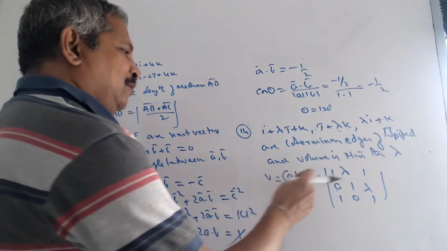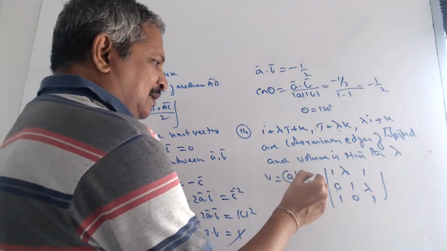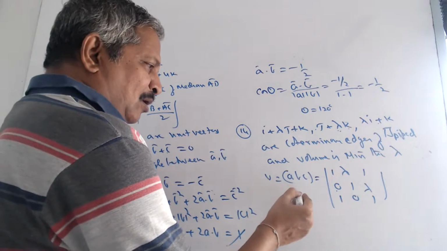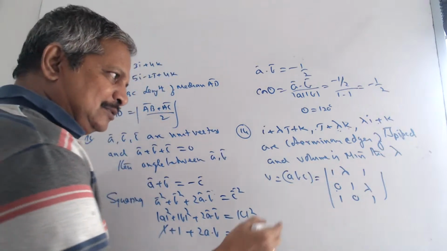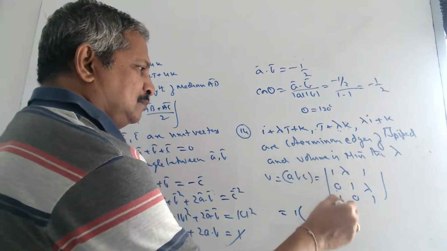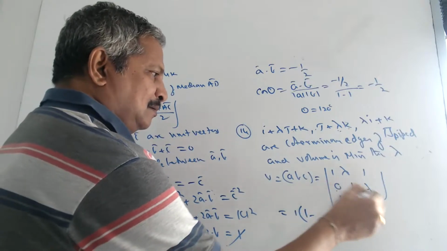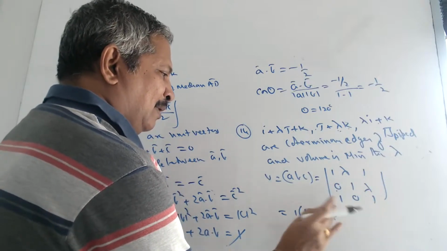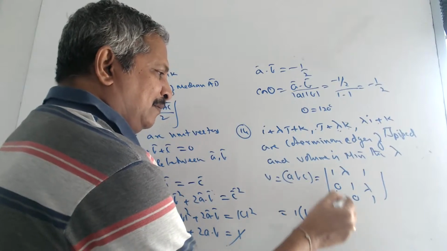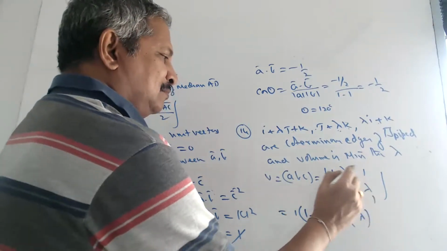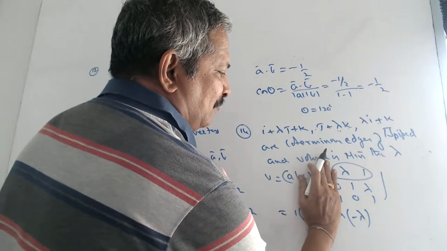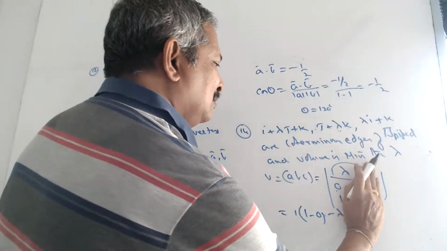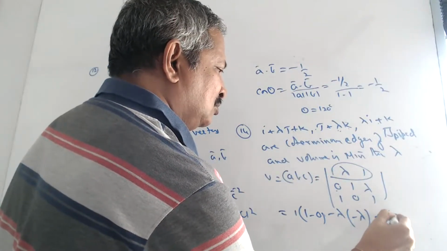For that, I wrote the box ABC. If it is a tetrahedron, 1 by 6 will come. Here it is the volume of the parallelepiped as it is. So 1 into 1 minus 0. Lambda minus, second one is minus lambda into 0 minus lambda. 1 into 0 minus 1.